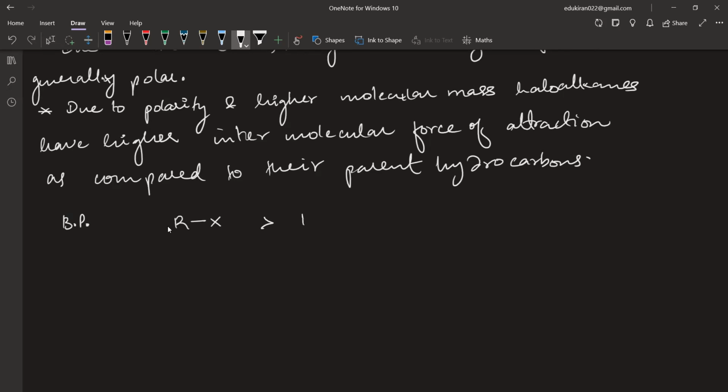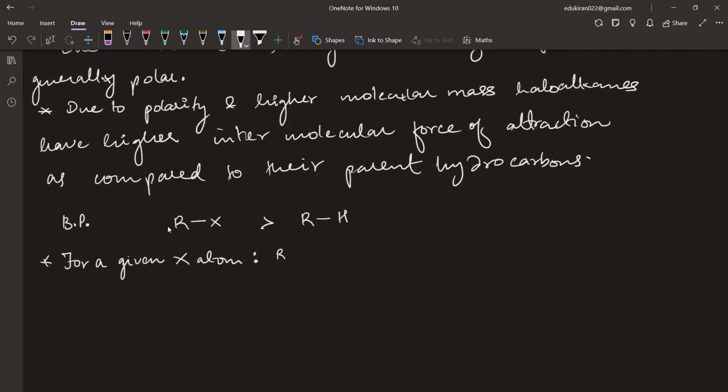RX will have higher boiling point than RH. This is haloalkane, and this is just a simple alkane. Important point: for a given X atom, that means we compare the number of carbon atoms and keep the halogen atoms the same.